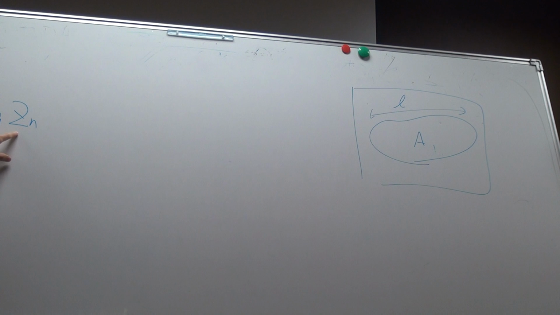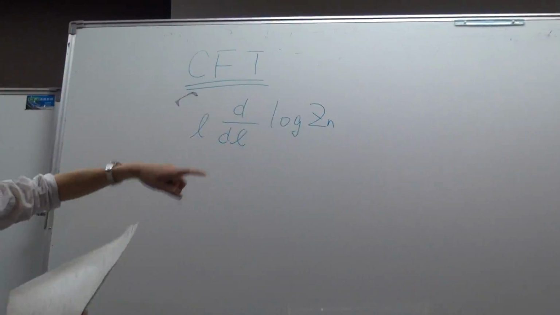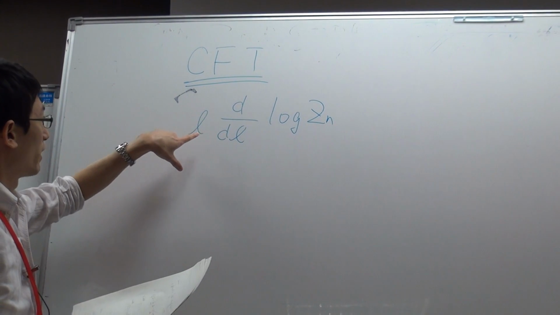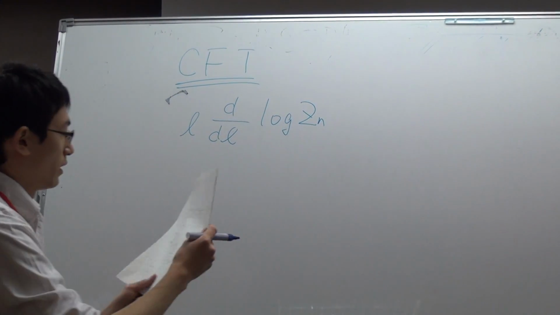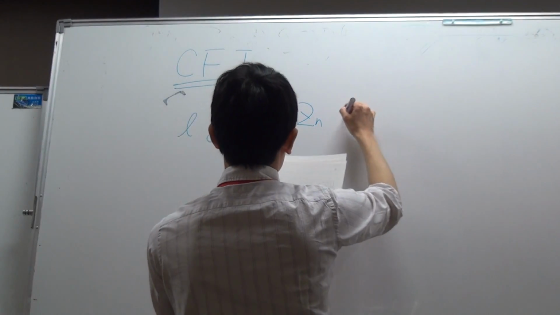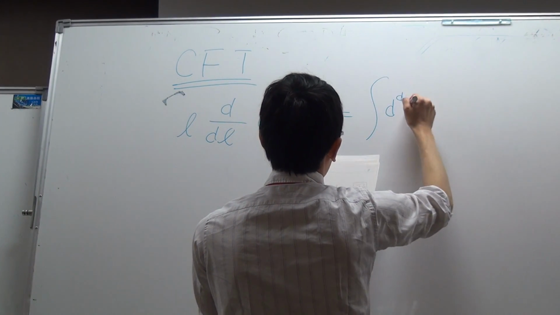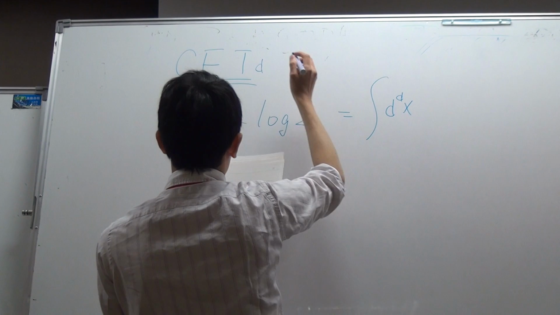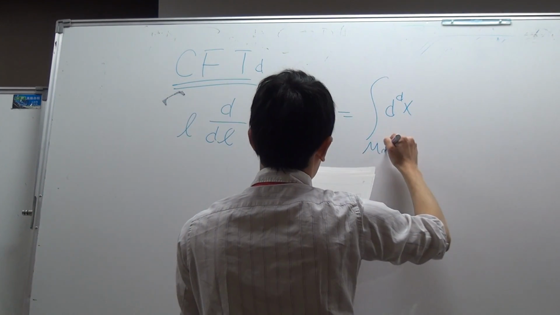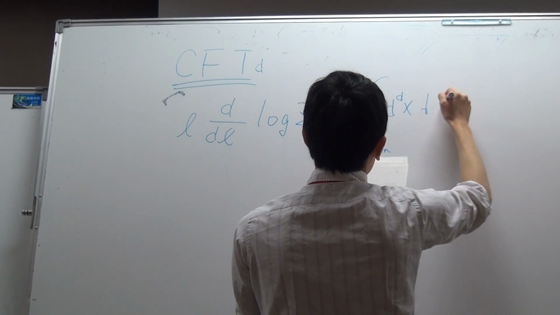So this is Zn, and I have log of Zn, and I rescale the system. So this is the scaling operator. And scaling is equal to, okay, I have a d-dimensional CFT.